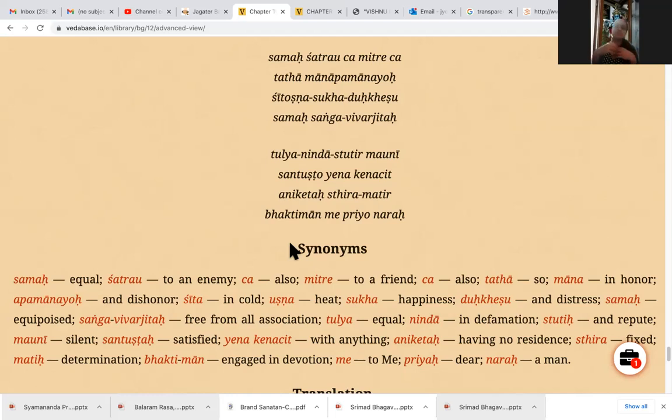One who maintains a balanced state of mind, irrespective of whether he or she is being respected or disrespected, no matter what the weather is, whether it is extreme heat or extreme cold, no matter whether he or she is happy or in sorrow.